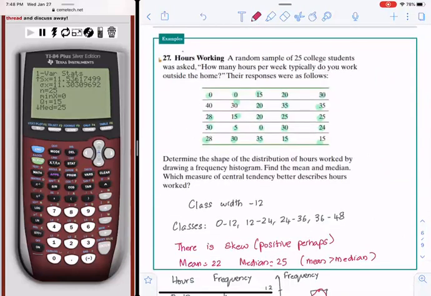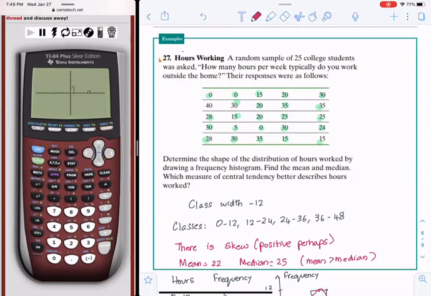But to be very conclusive, we can plot the histogram. So select one, turn it on, and over to histogram, and adjust the window.